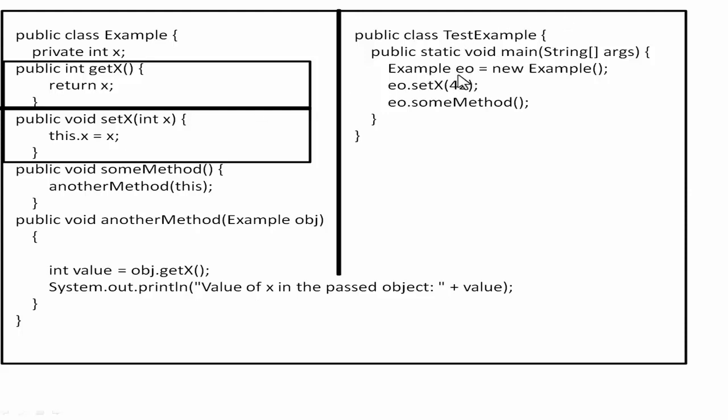Example eo. Example is the name of the program. We have already declared a private integer x. Here eo is an object, equal to, you have created an instance. Now eo.setX(42). Whenever you set x to 42, you are passing one parameter.